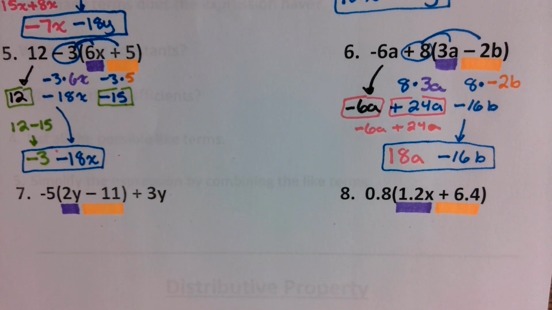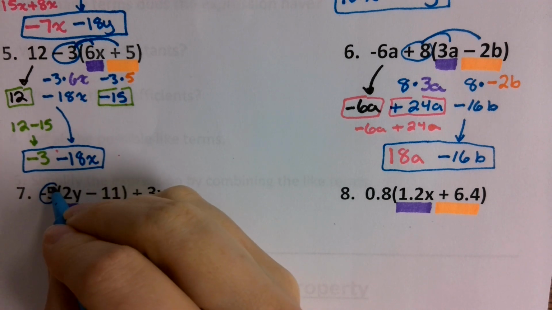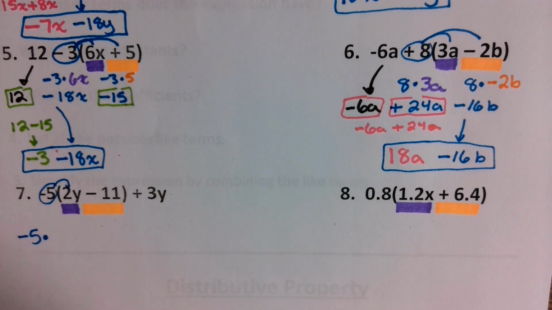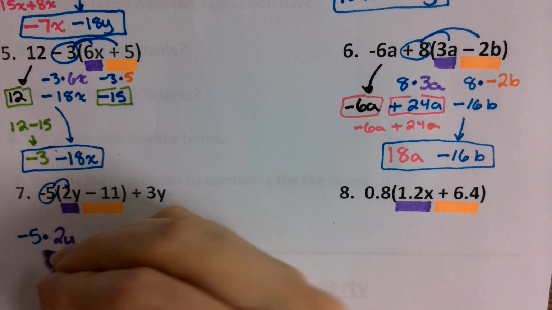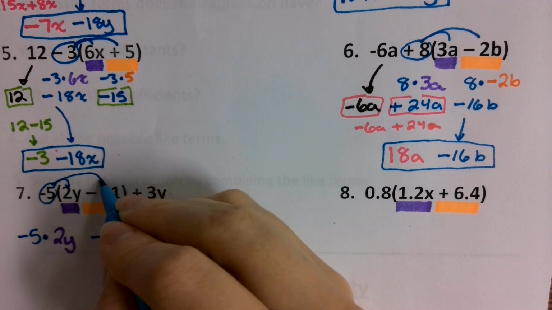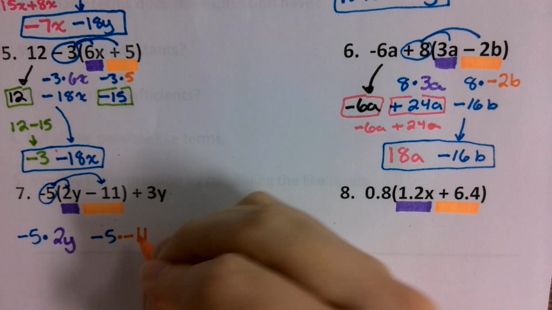For problem number 7, we have negative 5, and we're going to multiply it by the 2y and by the negative 11. So we're doing negative 5 times 2y. We're also doing a negative 5 times negative 11.